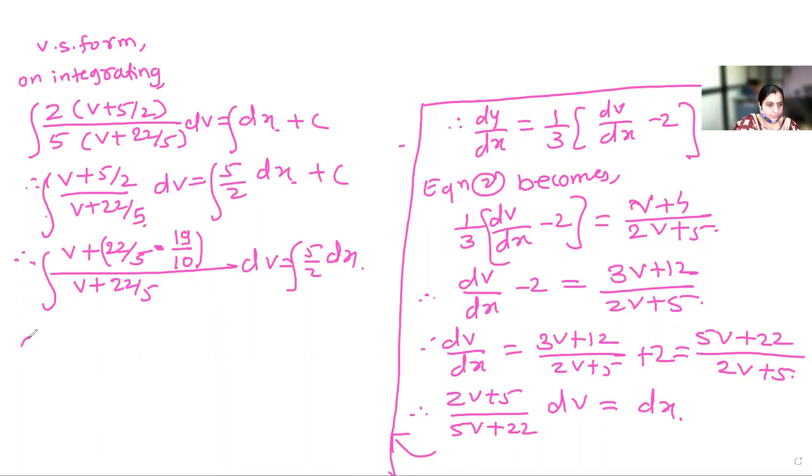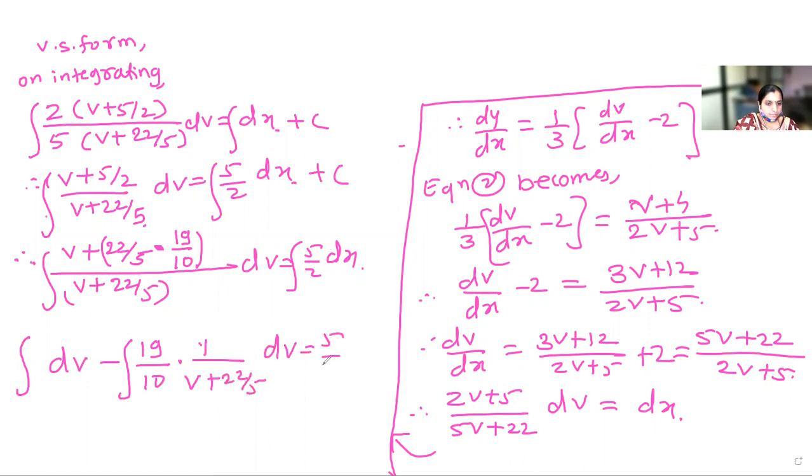So if we separate the terms, v plus 22 upon 5 divided by v plus 22 upon 5 gets 1. So dv minus 19 by 10 into 1 divided by v plus 22 upon 5 dv is equal to 5 by 2 x plus c.